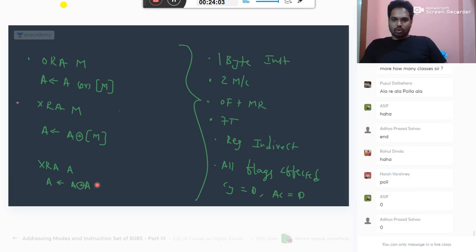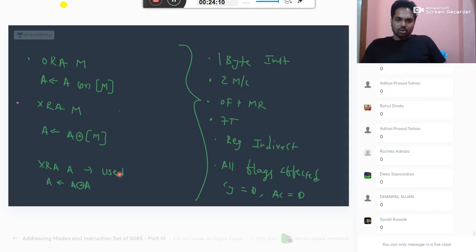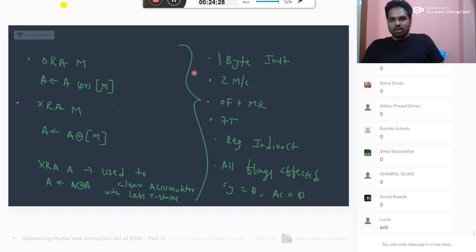I am talking about the XRA M and XRA R instructions. There is no other way. If you want to move 0 to the accumulator with MVI, it requires 7 T states, because the MVI instruction is 7 states. But if you do XOR A with A, it requires only 4 states.